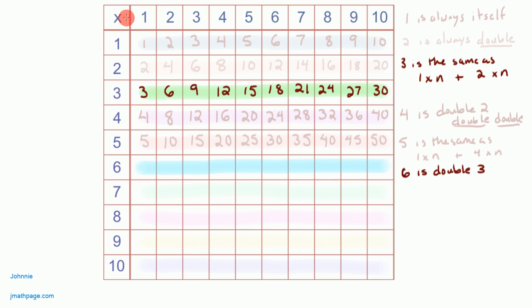6 times 1 is the same as 3 times 1 doubled. Doubled 3 is the same as 3 plus 3, and that gives us 6. Well, we knew 1 times 6 is 6, or 6 times 1 is 6.